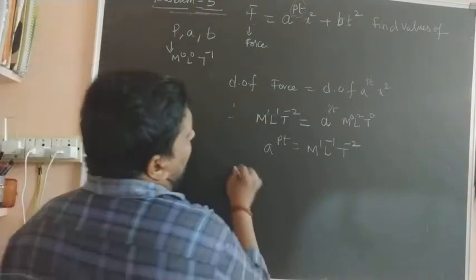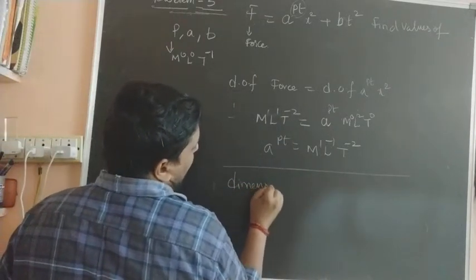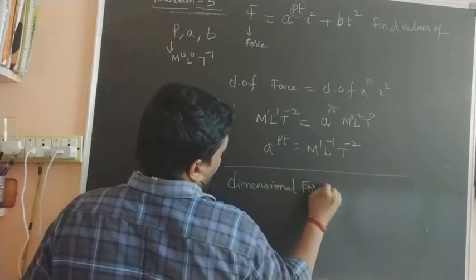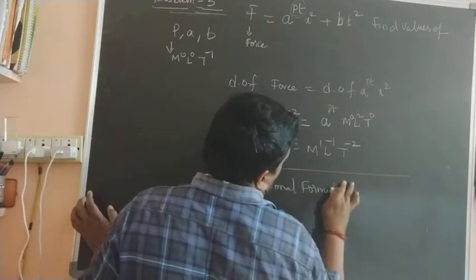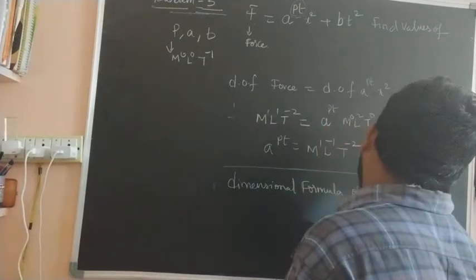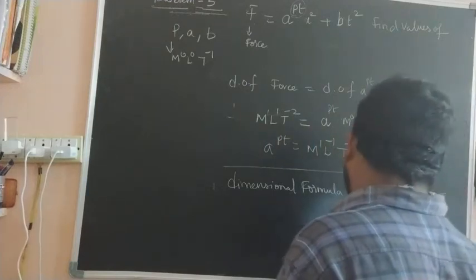Now the dimensional formula of B. The dimensional formula of Bt² is equal to the dimensional formula of force.